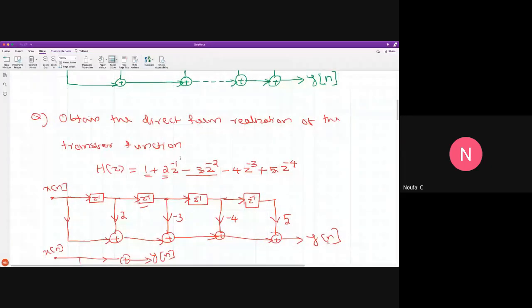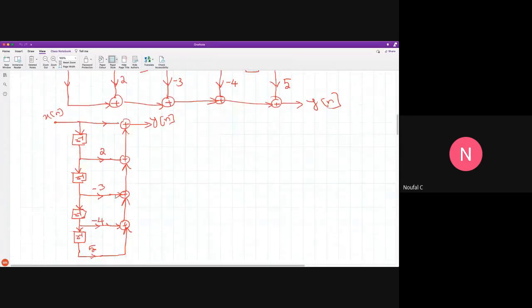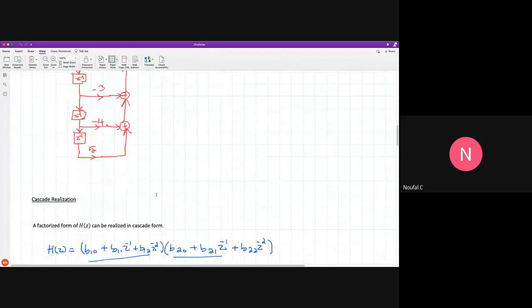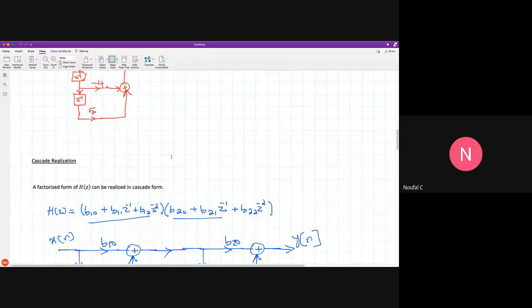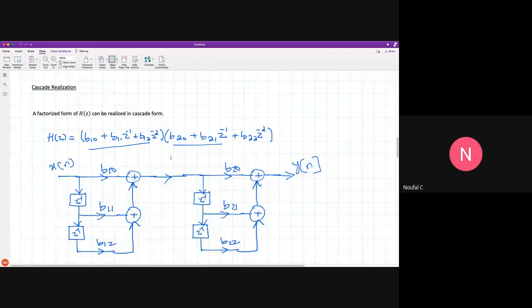And I had also mentioned we can have two different kinds of orientation for the same structure. And the second one seems to be quite useful when you are going for a cascade realization. So we had also looked at an example for a cascade realization where a polynomial is given in the form of a product of two different polynomials, and we can realize each of those individual polynomials in direct form or the transversal structure.